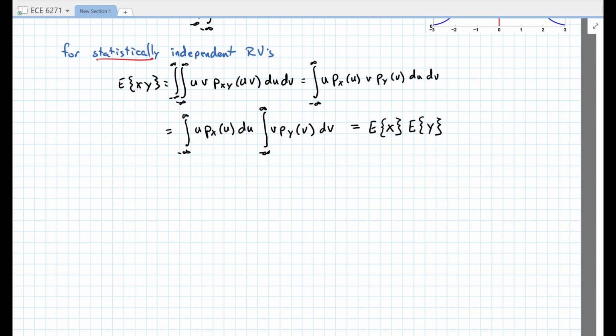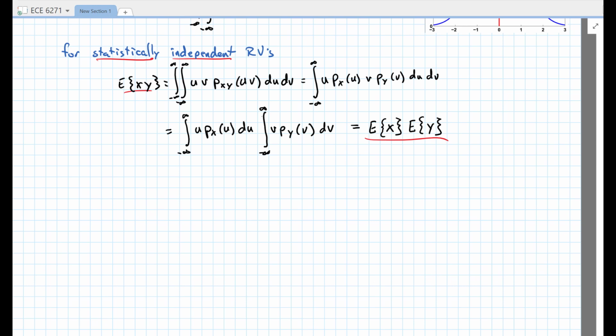So once again, that only works for statistically independent random variables, and we get that nice relationship. Just because the correlation is equal to the product of the means, that does not mean it's independent. So it only works one direction. Independence implies this relationship, but not the other way around.